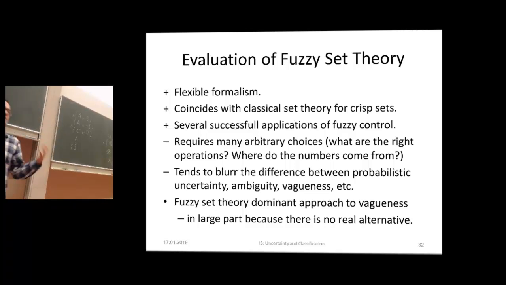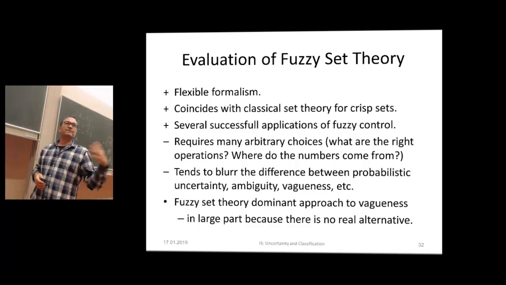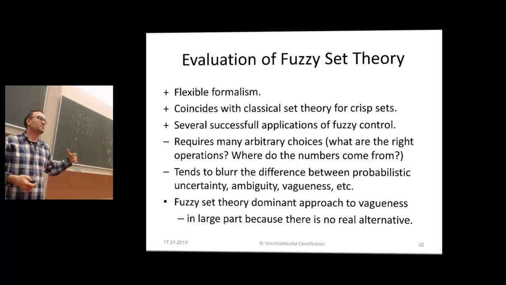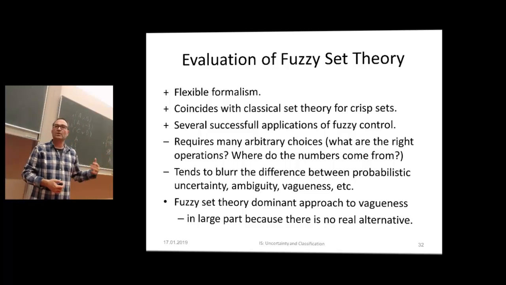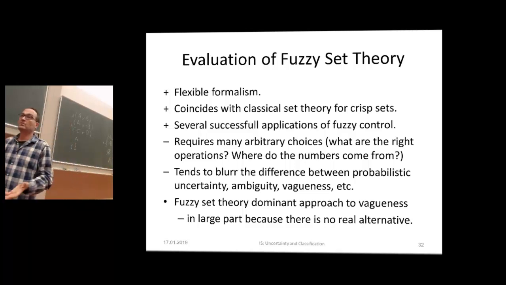The question, of course, is where do you get your fuzzy functions from? I drew you, magically, some kind of function on the board, but you have to make a decision of where this comes from if you want to take it as input for your agent. You can learn that, you can measure that, you can use experience for it, but it is not very clear where those values come from.